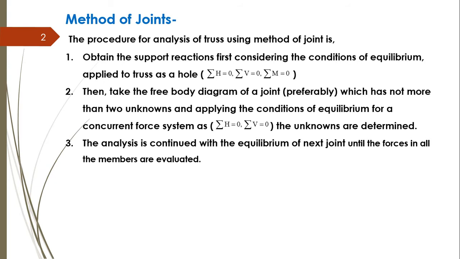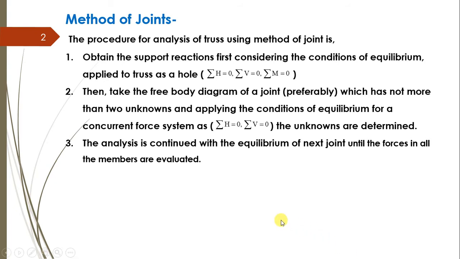If you select a joint where there are three unknowns, then with three unknowns and two equations, you will not get the answer immediately. After one more calculation step, we will get the answers. So preferably, whenever we choose a joint, the number of unknowns should not be more than 2.